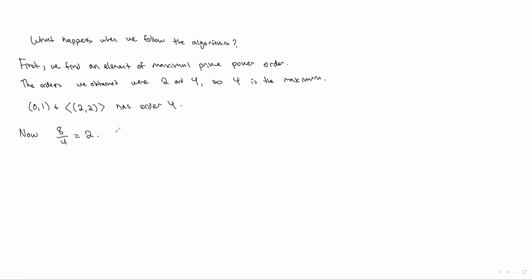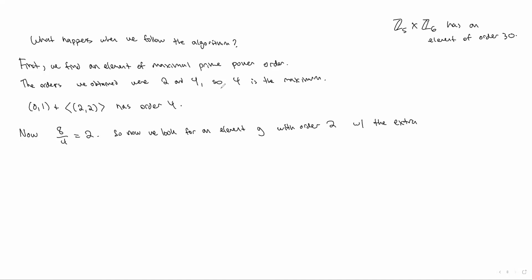Okay. Now 8 divided by 4 is 2. So now we look for an element g with order 2, but there's an extra condition. Yeah, it has to be prime power. It could happen. So Z5 times Z6 has an element of order 30.